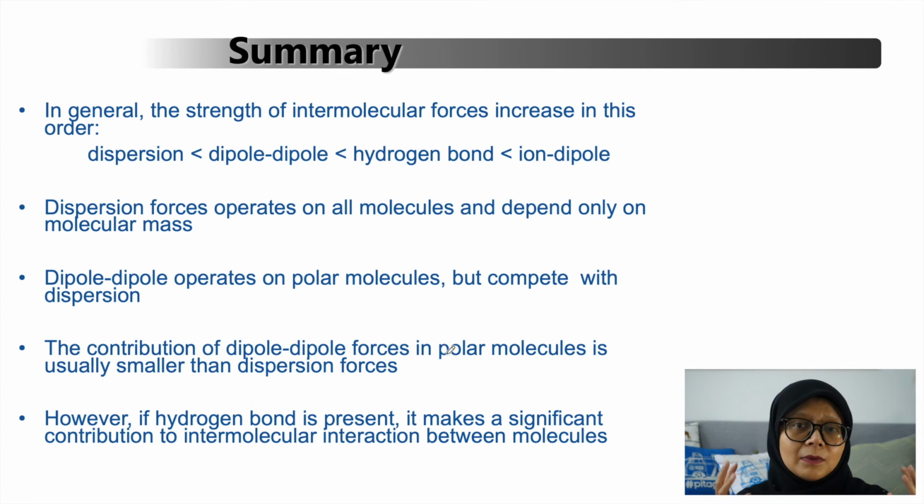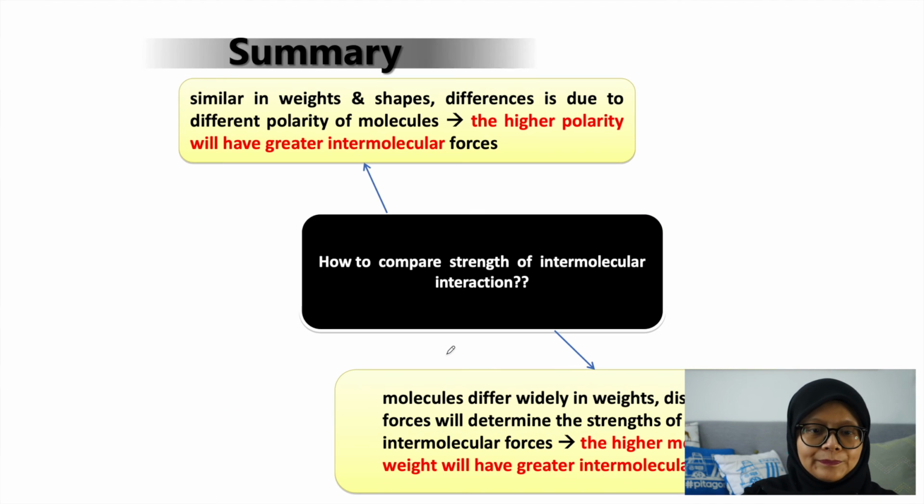Dipole-dipole operates on polar molecules but competes with dispersion. The contribution of dipole-dipole forces in polar molecules is usually smaller than dispersion forces. However, if a hydrogen bond is present, it makes a significant contribution to the intermolecular interaction between molecules.